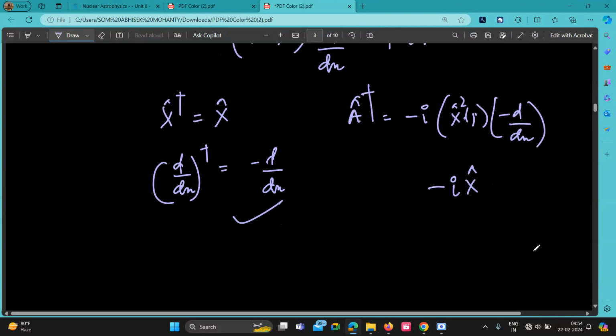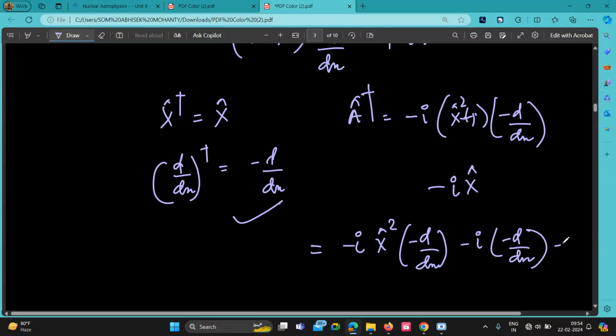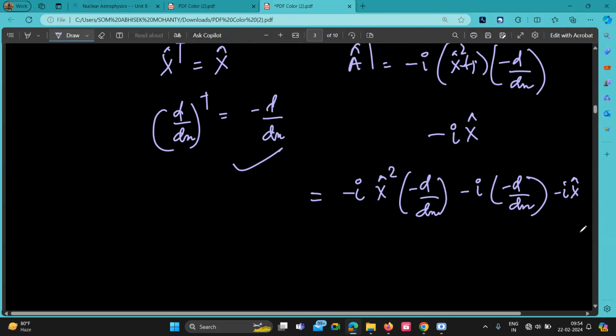Next, let me open it. Minus i x² into minus d/dx, minus i into 1, this is plus 1, na? Plus 1 into minus d/dx, and minus i x. So this is plus i x² d/dx plus i d/dx minus i x.